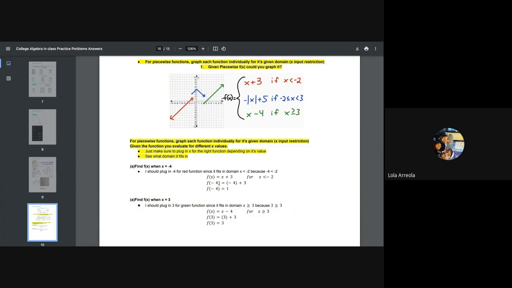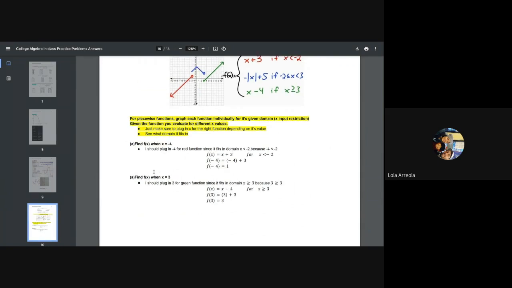So I plug in -4 for x. Now I'm able to find my output. But all I'm doing is looking for where it makes sense to plug in my x. It only makes sense where my domain matches. So x is equal to -4. The only one it matches is the red. That's the only one I could plug it into. Otherwise, it's incorrect.